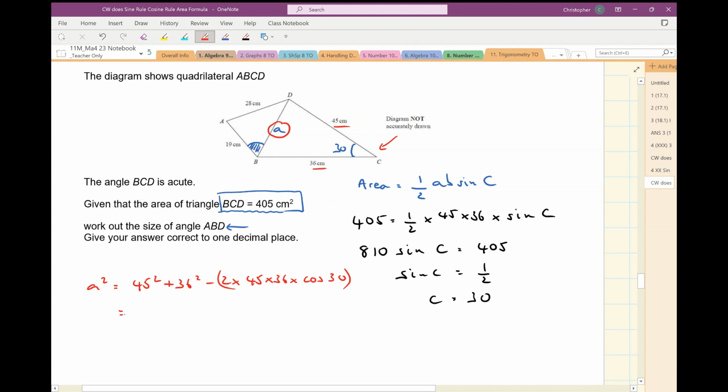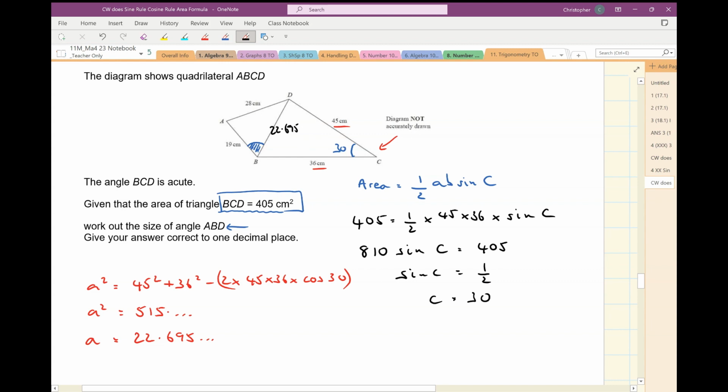On my calculator, that tells me that a squared is 515 point lots of digits. Square root that, and a is 22.695, and so on.